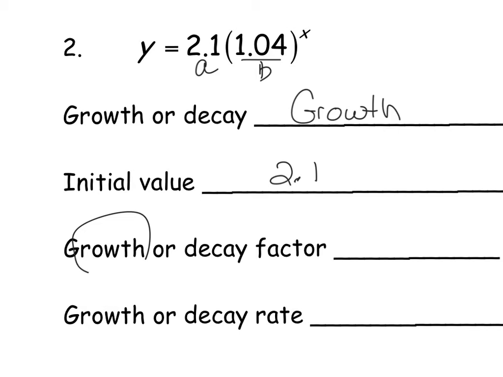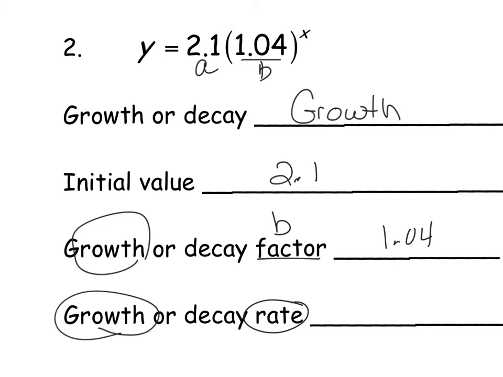Your growth factor is b, which is 1.04. And my growth rate is going to be b minus 1. So 1.04 minus 1 is 0.04. Okay?